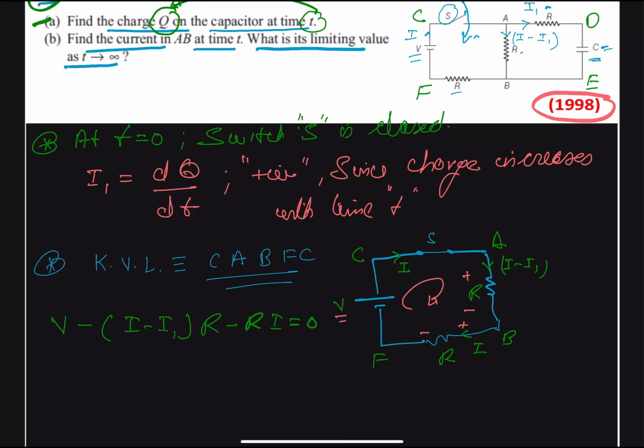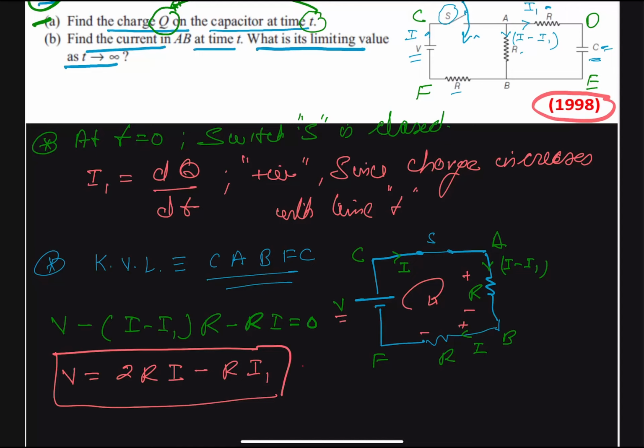And we can write this equation as V is equal to 2R I minus R times I1. Let us call this equation number 1.